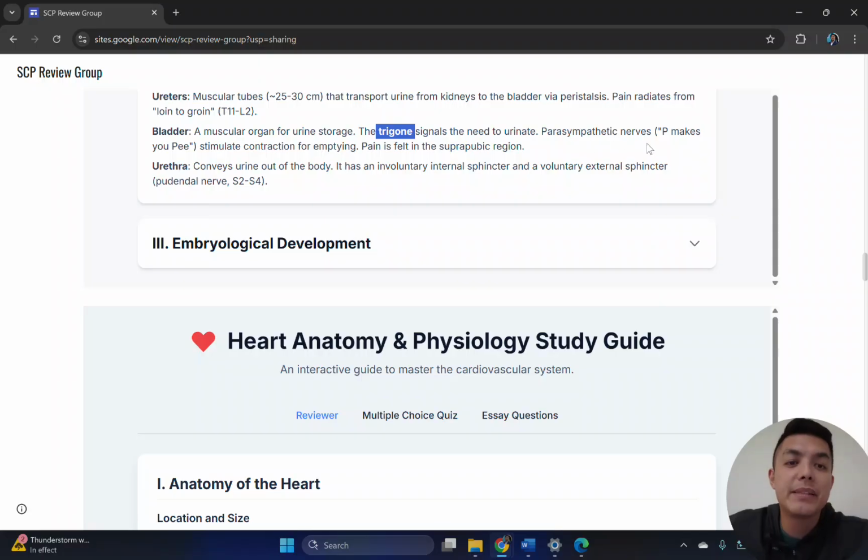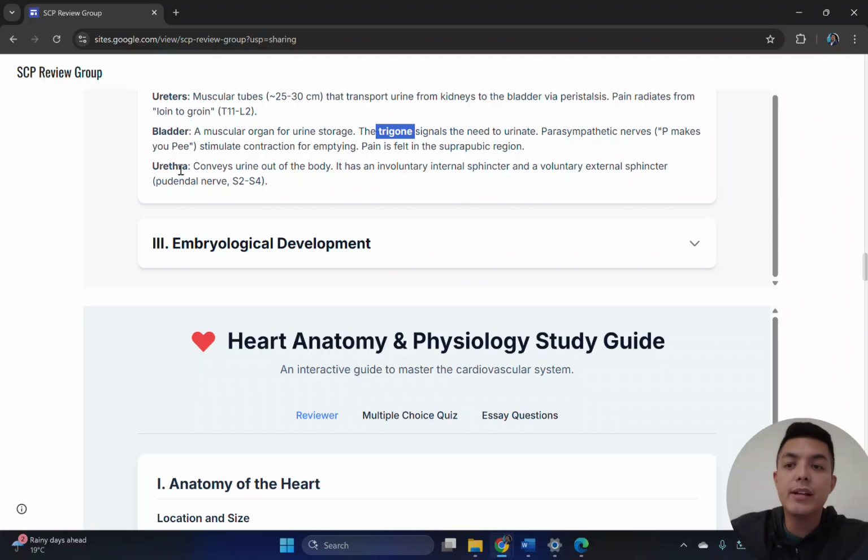The parasympathetic nerves line the bladder and stimulate contraction for emptying. Pain is felt in the suprapubic region. So if it's suprapubic pain, you can list the bladder as a culprit.